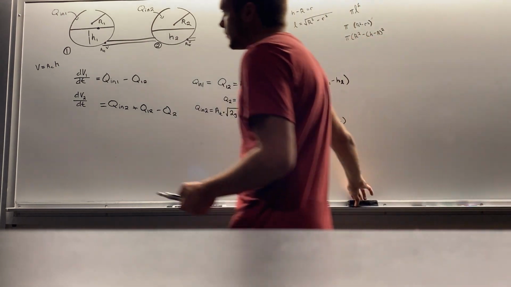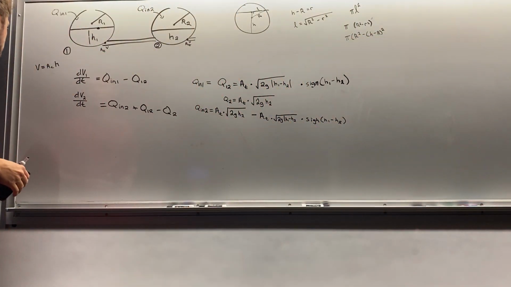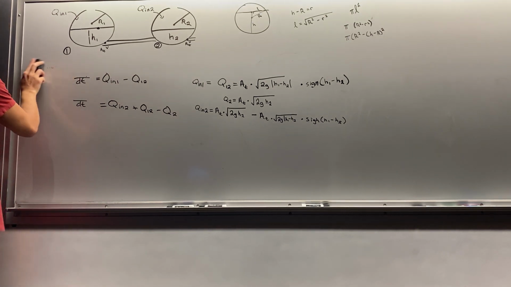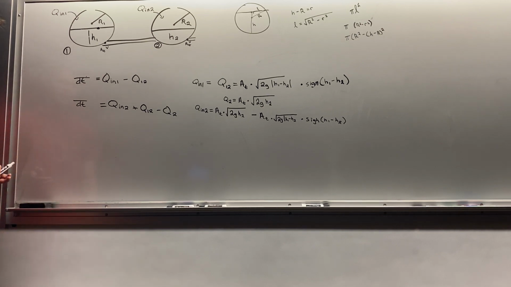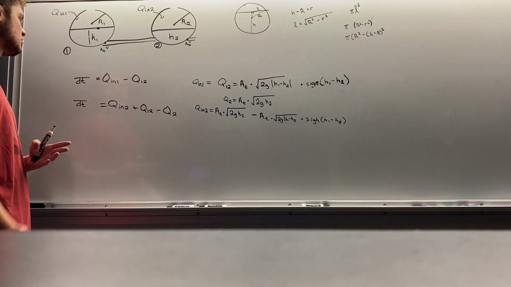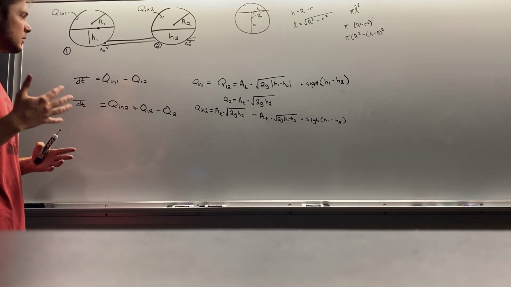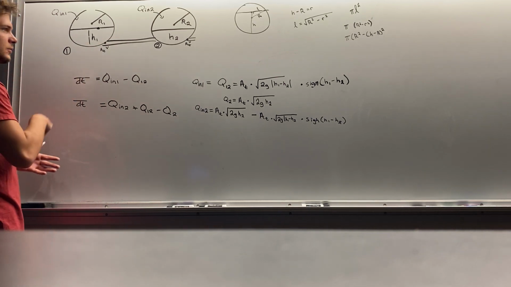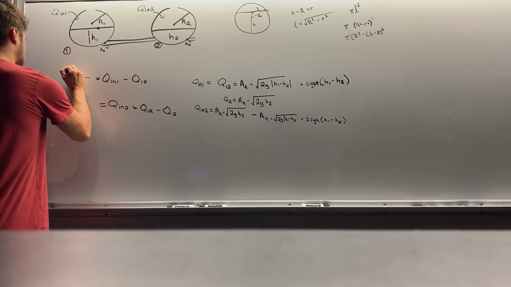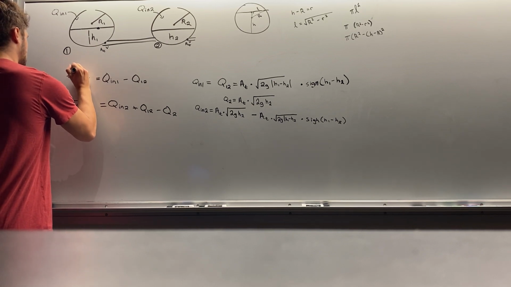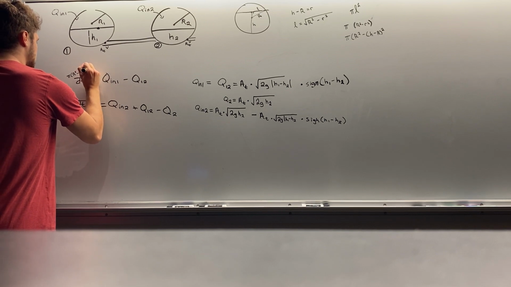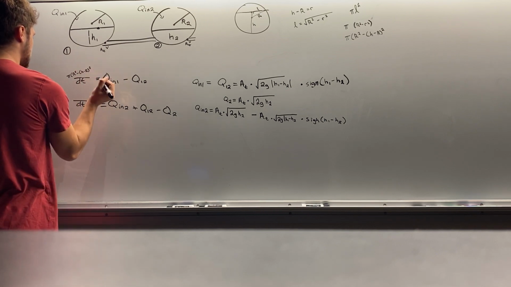So rewriting these, we can rewrite it as our cross-sectional area times our height times our change in height. And our cross-sectional area is equal to pi times R squared minus (h minus R) squared.